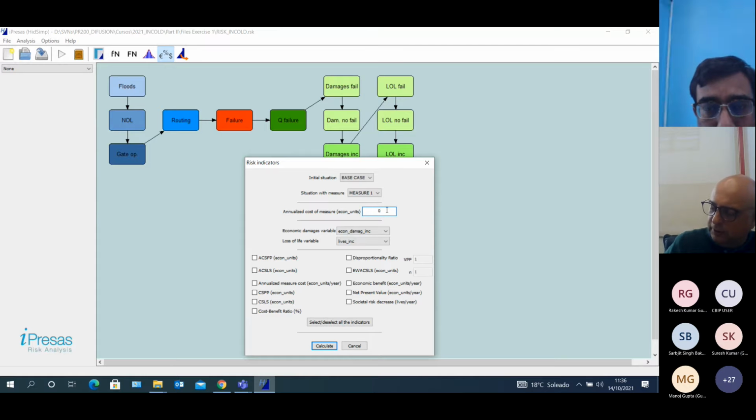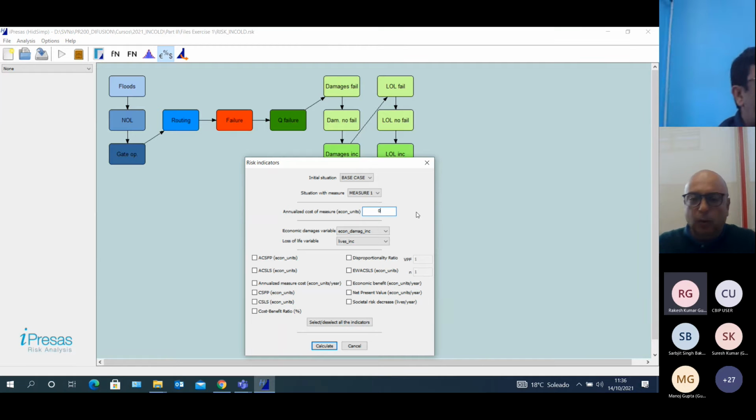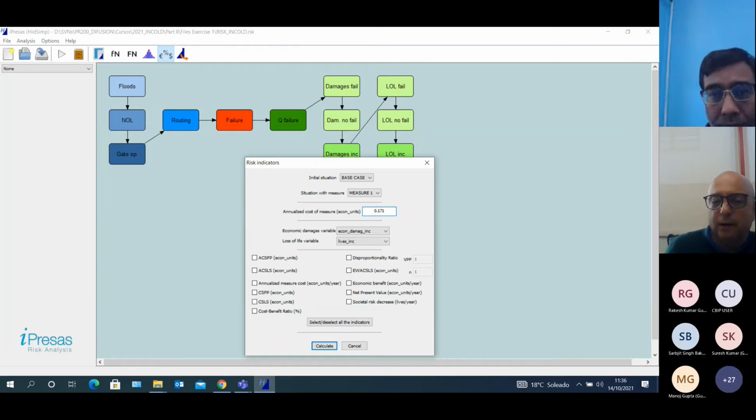Remember to change to measure 1. What is the annualized cost of this? We had written it down before, and it was, how much was it? Let me check. It was point something, right? Let me check. 0.171, if I'm right. 171 millions of whatever, euros, rupees, whatever, per year.